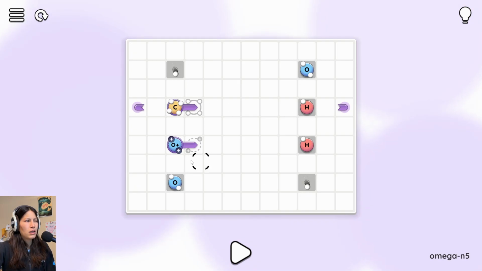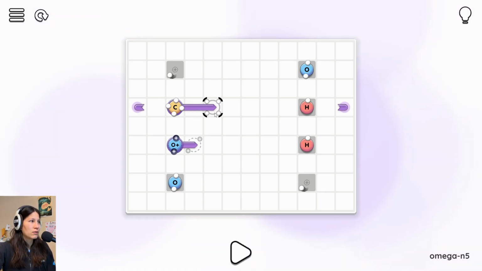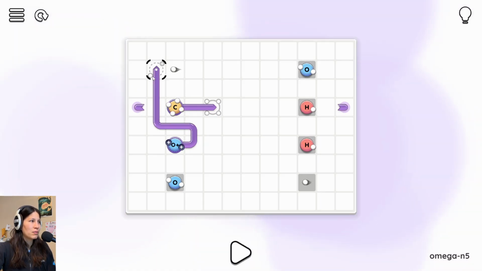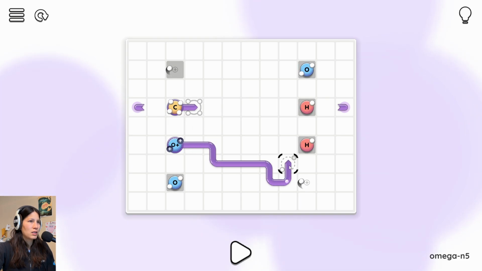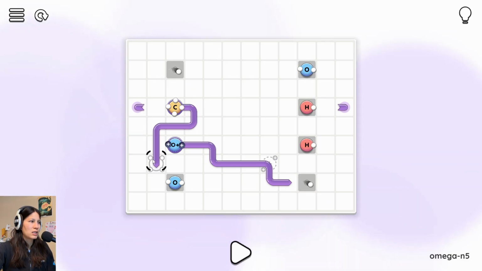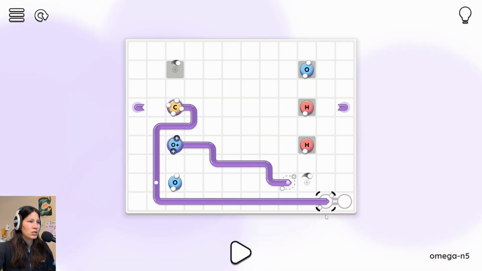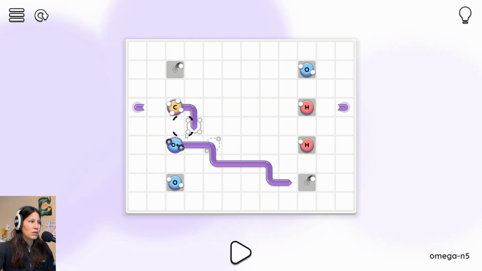CO... What do I want? Do I want COO and H2O again, or do I want something else? Okay, it's way up here and down there. Of course it's in the way there. So this, I can't block that off. So I have to go around this way. But then no. Okay, so go like that. Maybe it is COO again. In which case, I want to go CO. Shoot. Which way do I want to go?